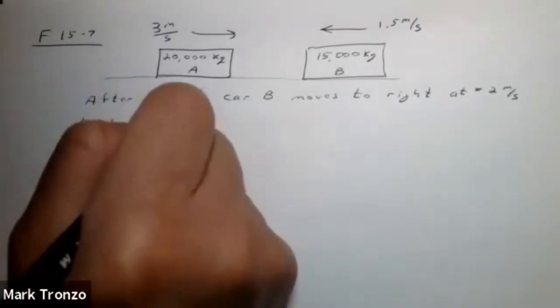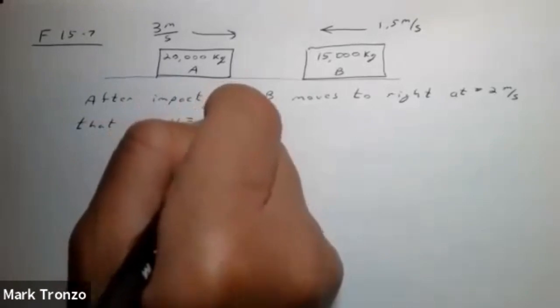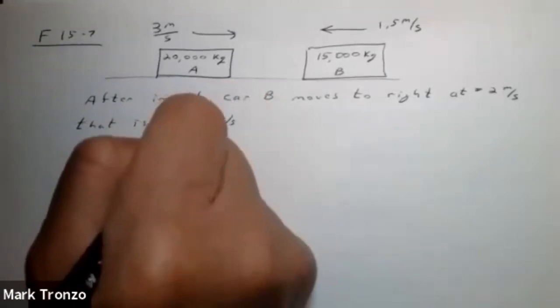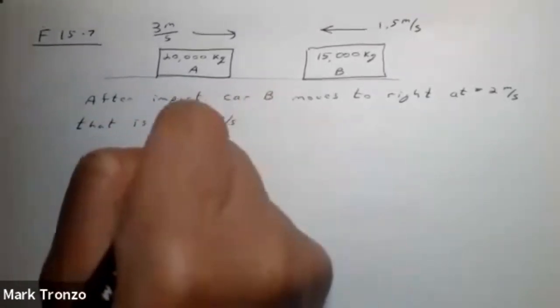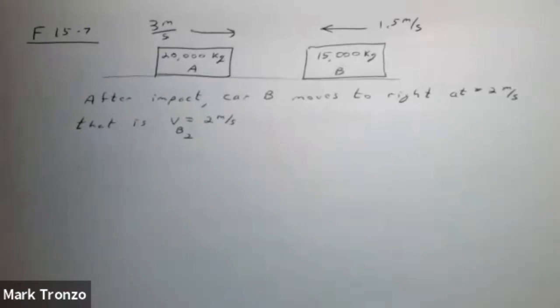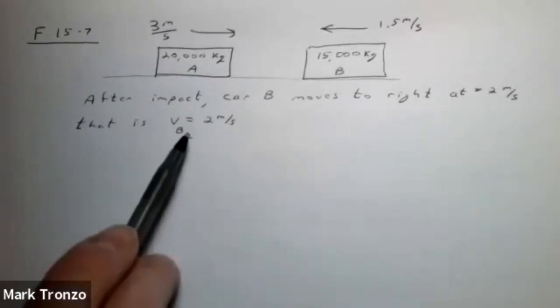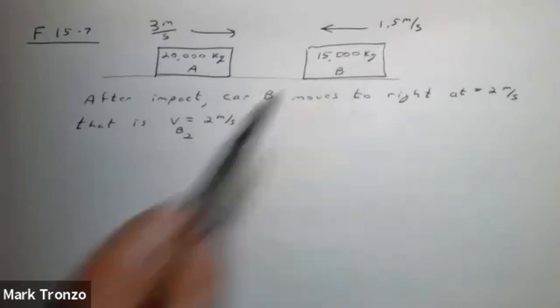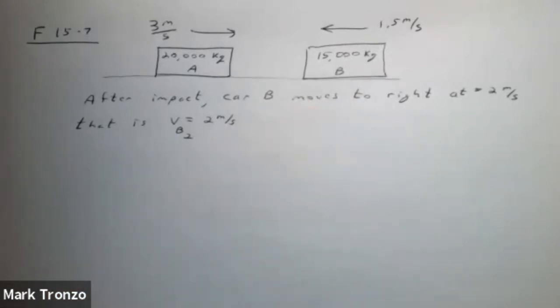That is, the velocity is going to be 2 meters per second out. So this after impact, we'll call that VB2. And again, if we call to the right positive, that one will be positive, then this one will be negative. So we use conservation of momentum.